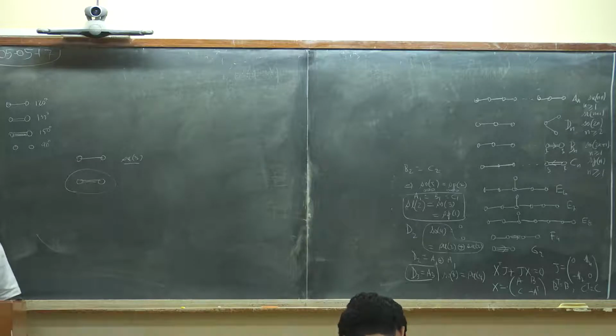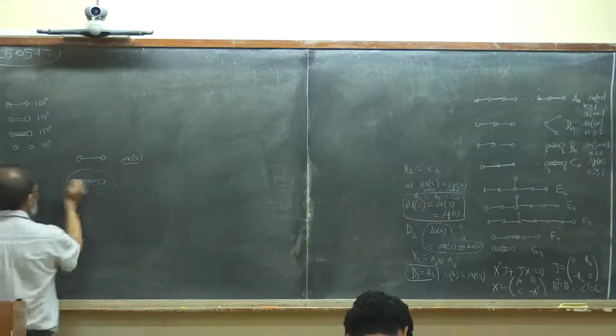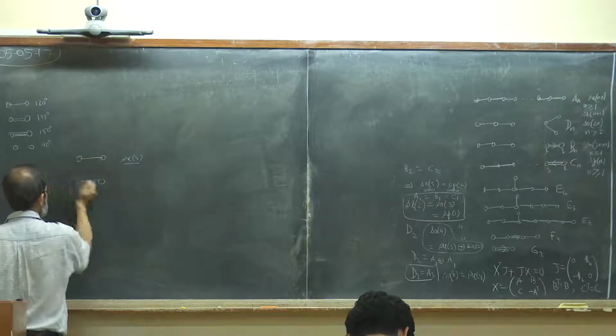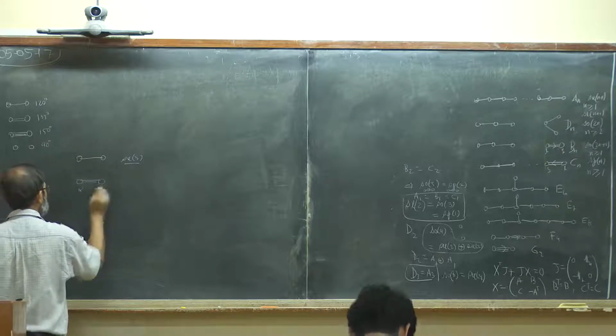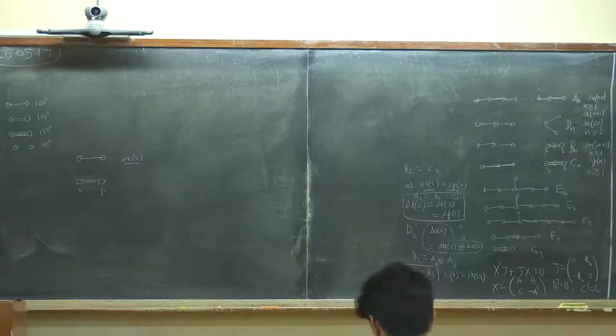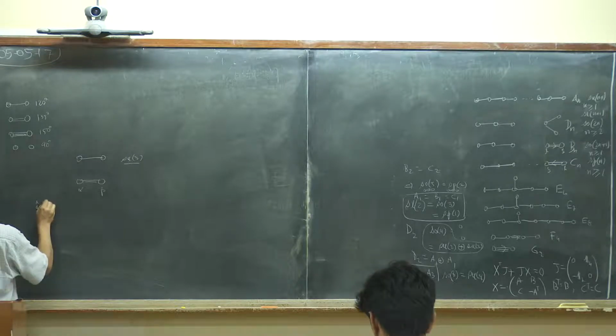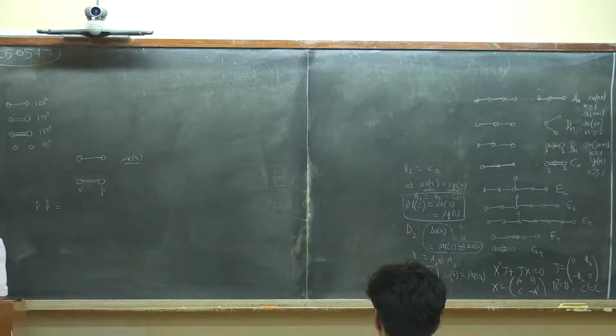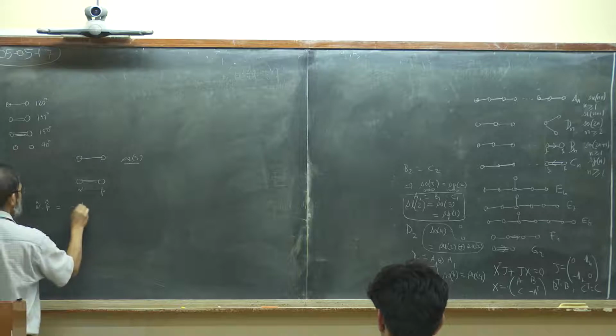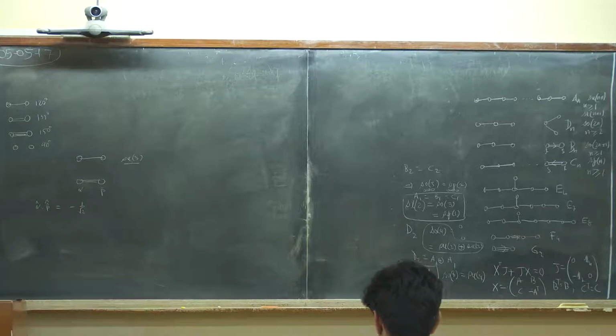Okay, so let me call these things as usual the two simple roots, alpha and beta. So alpha dot beta is equal to whatever is the cosine of that thing. It is minus 1 upon square root of 2. And remember our master formula which we had.